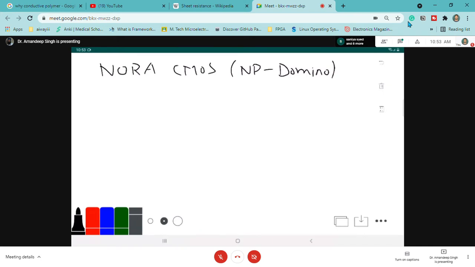Let me give you a problem based on this. You have to implement a logic function, which I am writing: A dot B into C bar plus D bar. You want to implement this using NP domino. Try to implement it and tell me how many MOSFETs you are using and how you are going to implement this.